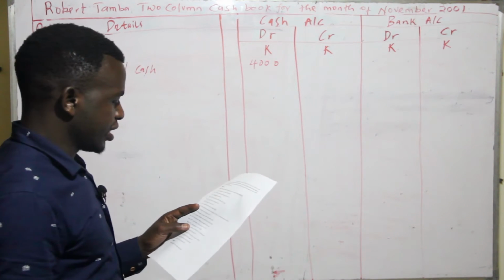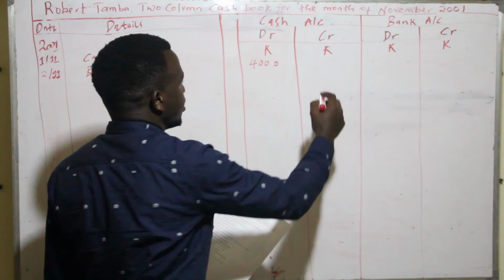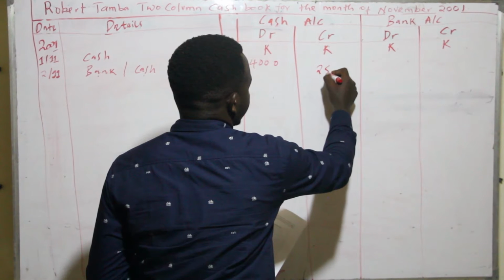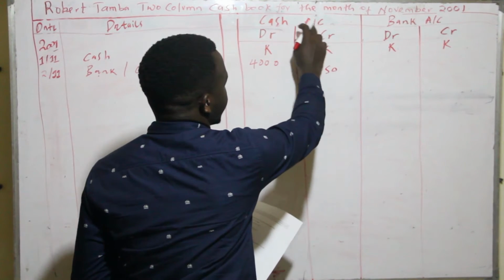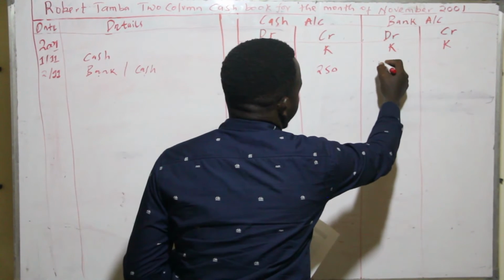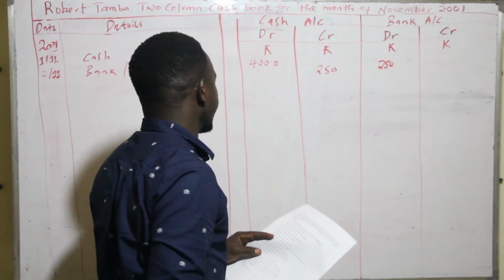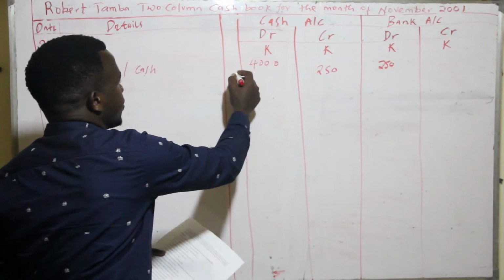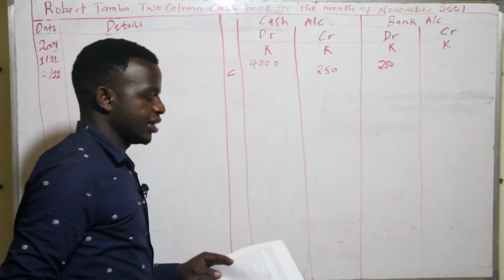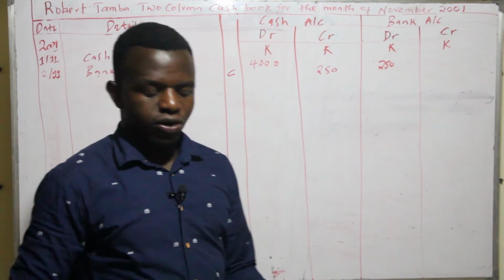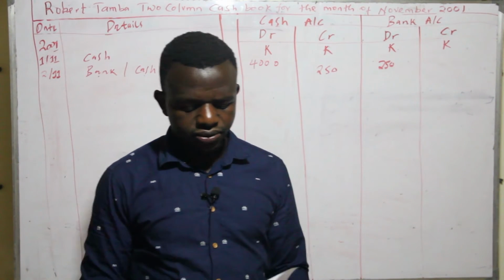We know that that's 250. So we record 250 on the credit side of the cash account. Then we'll record 250 on the debit side of the bank account. And in our details there, we're going to put a C, and the C will be representing a contra entry.